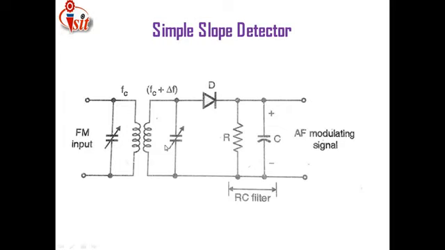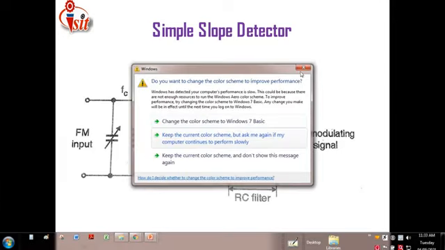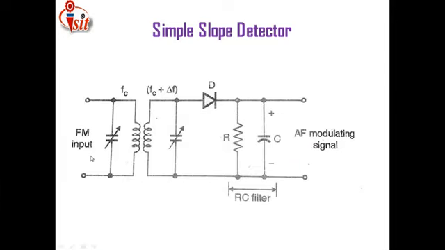Then there are some disadvantages related to this simple slope detector. What are these disadvantages? Just see, it is inefficient. That means this circuit is inefficient at transmitting the modulating signal exactly. The second disadvantage is that it is linear only over a limited frequency range.